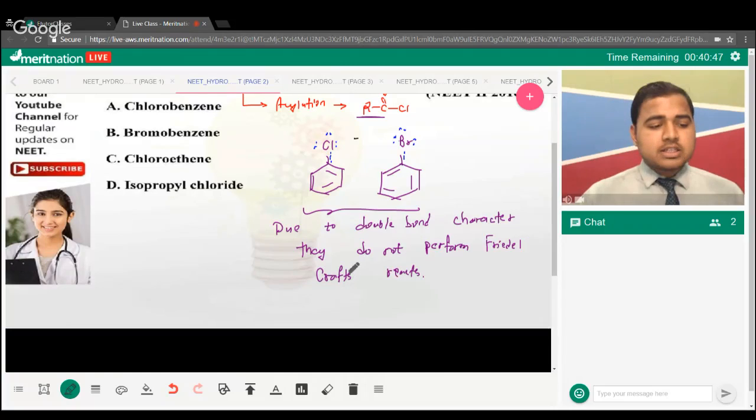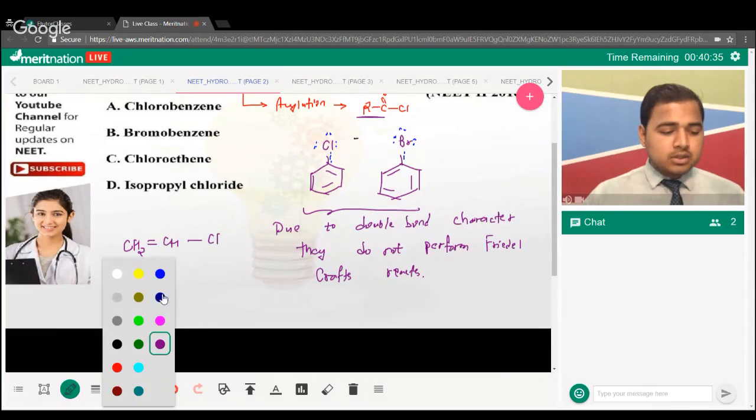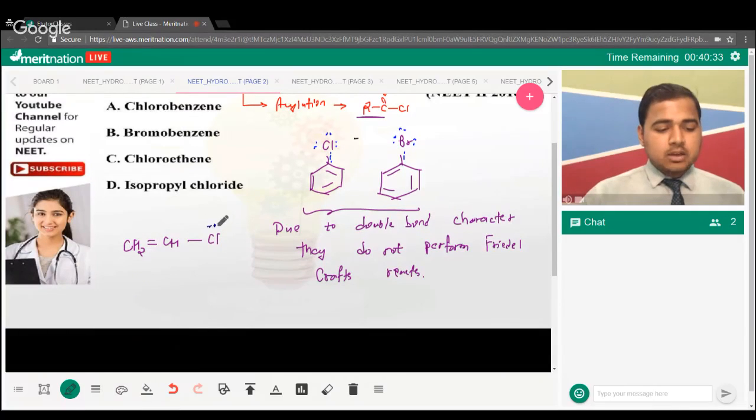Let's talk about option C. Option C is saying chloroethene. This is CH2 double bond CH and this is chlorine. So what happened, students? This is a pi bond and these are the lone pairs. This pi bond is going to break opposite to the lone pair, so this carbon will get a deficiency of electrons.